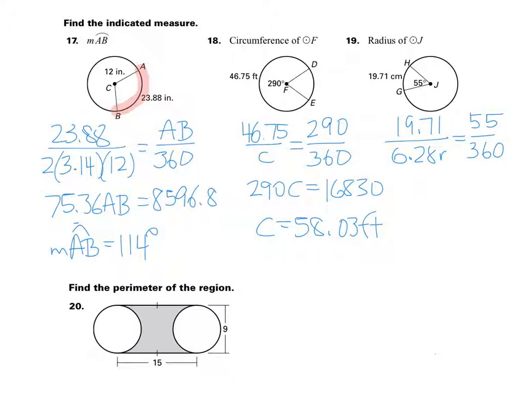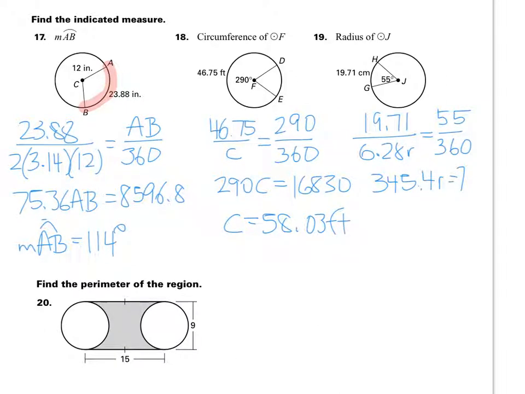So 345.4 r. 7095.6. Divide. We get approximately 20.5. And the units are going to be the same as the arc length, centimeters.